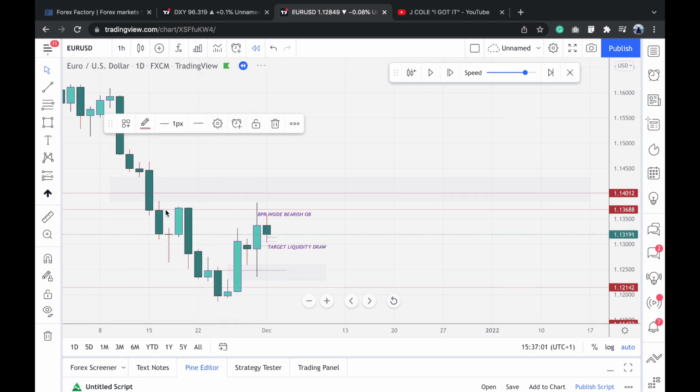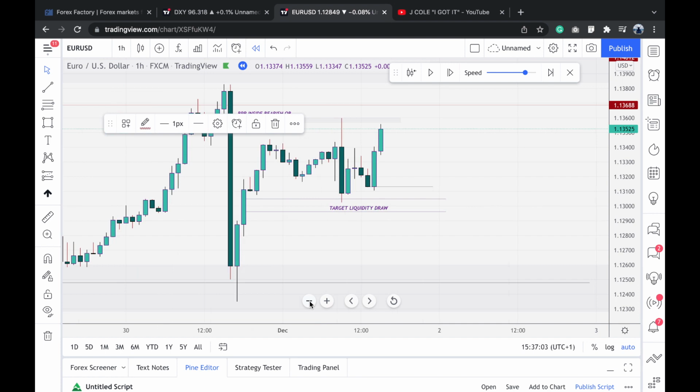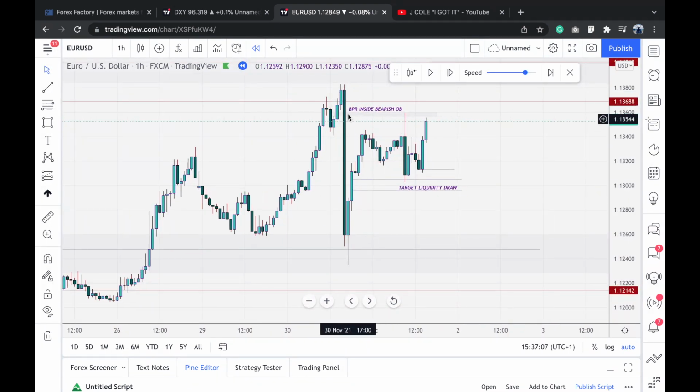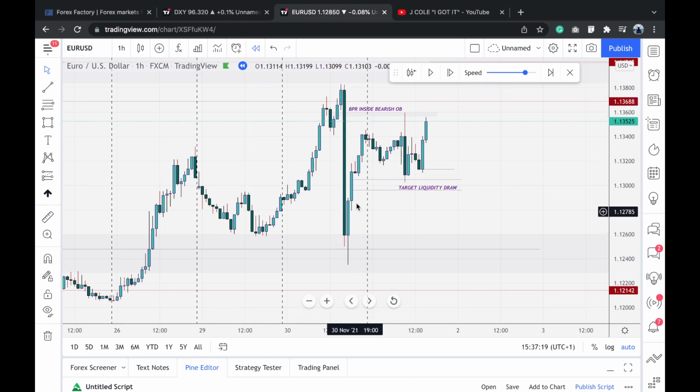Now we've traded down there and we've seen a response. Now we have the market trade up into this weekly BPR plus a daily inefficiency. We got very close to there, but did not quite get there before we just sold off and then retraced all the way back up into the upside.